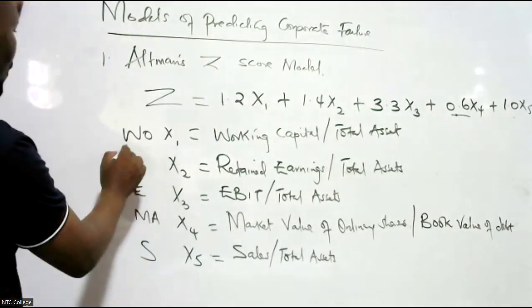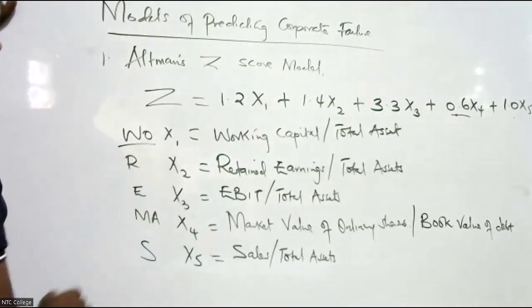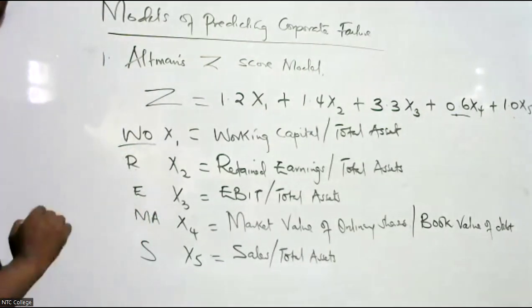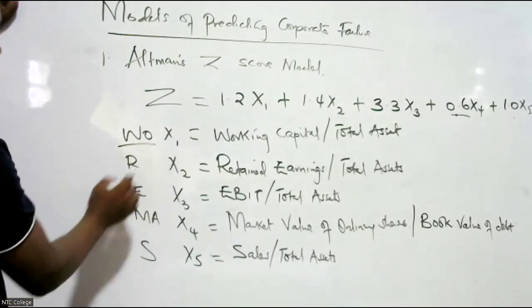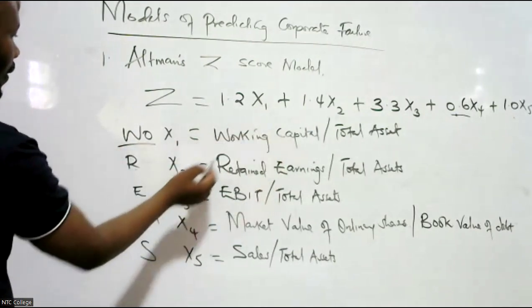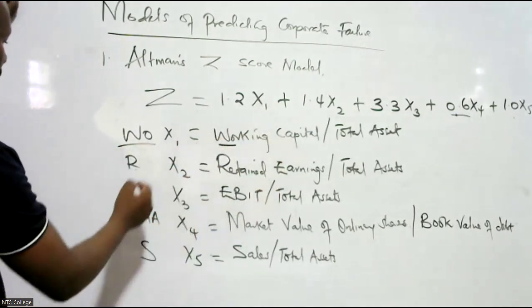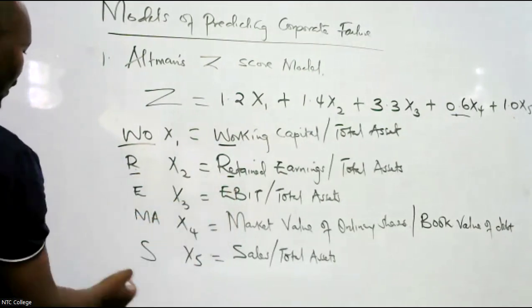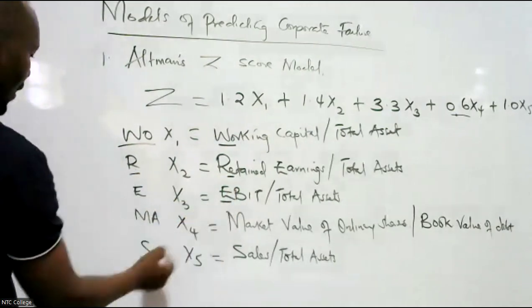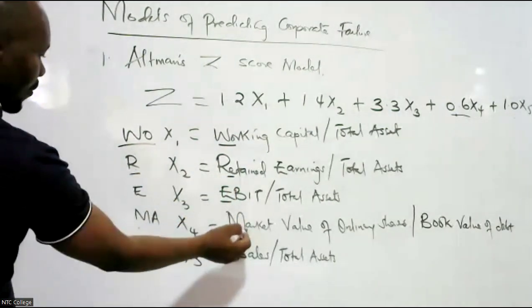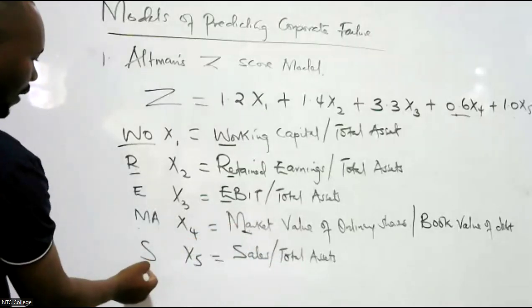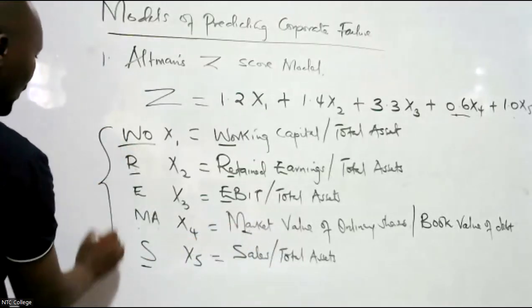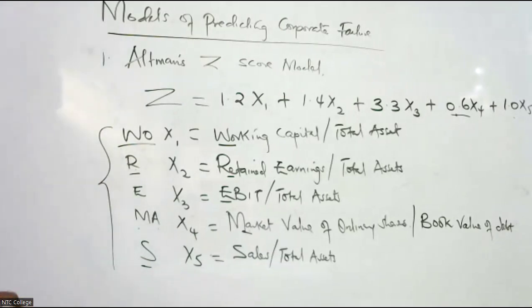So we have WO, Waremas. Waremas stands for working capital, R for retained earnings, E for EBIT, MA is market value, and S for sales. That is the formula that you can use to remember this.